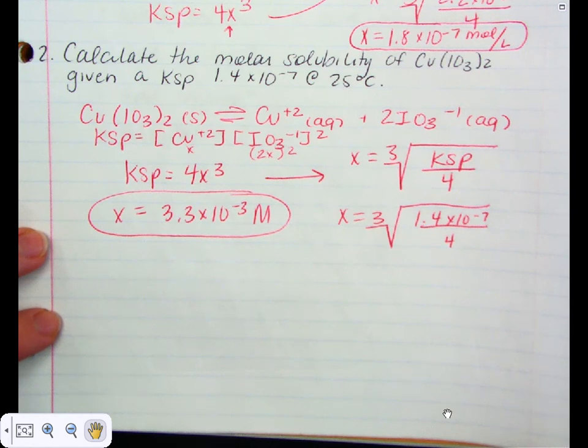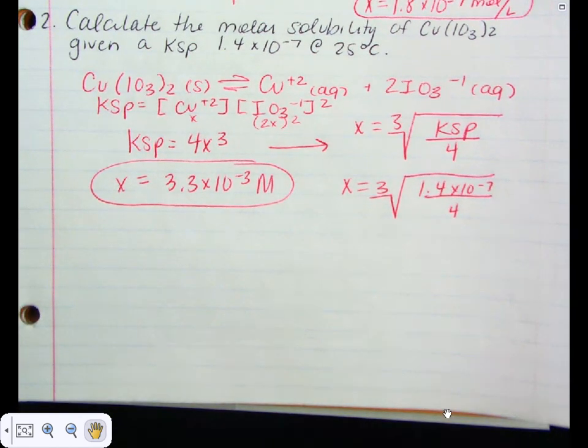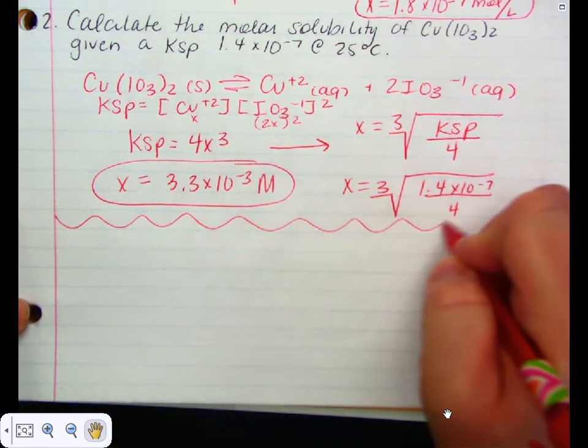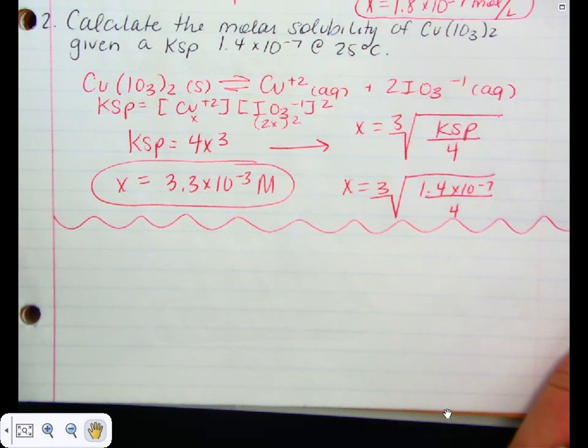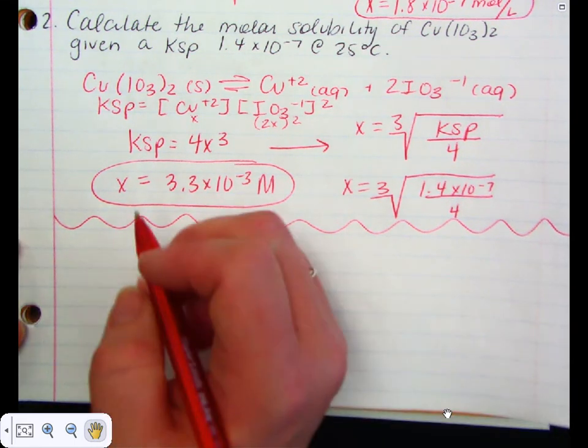Okay. All right. So the last thing I want to show you is just kind of a good mental checkpoint. How to compare your Ksp value. So let me just give us a little bit of space down here. So what if I gave you a question that sounds like this?